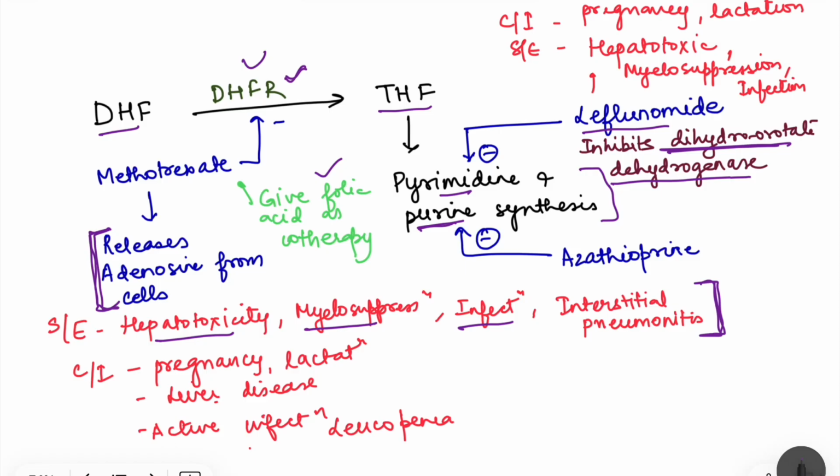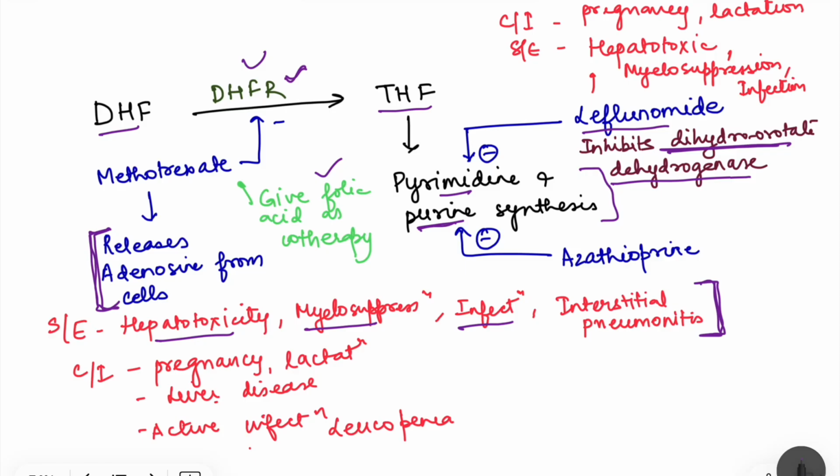So methotrexate, if given in that condition, see its side effect is itself interstitial pneumonitis, then it becomes very difficult. So we have to choose some other drug for that. Right? And both methotrexate and leflunomide are contraindicated in pregnancy and lactation.